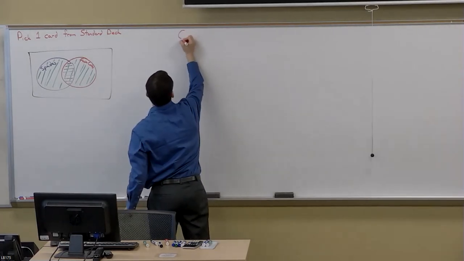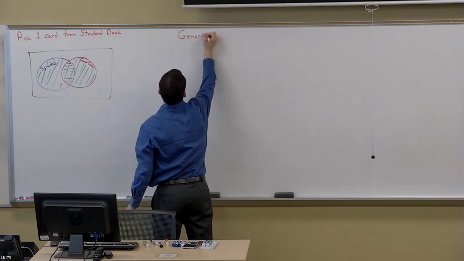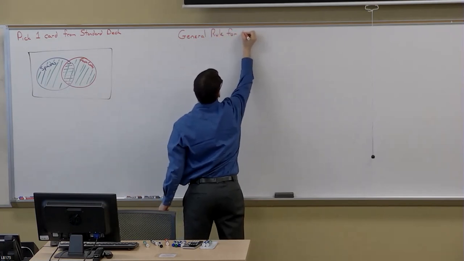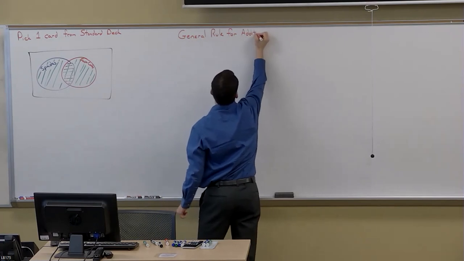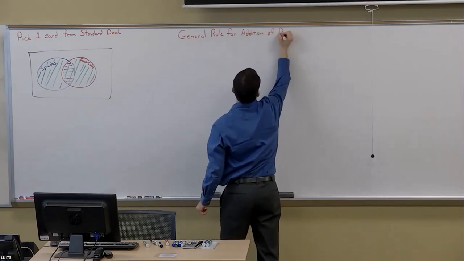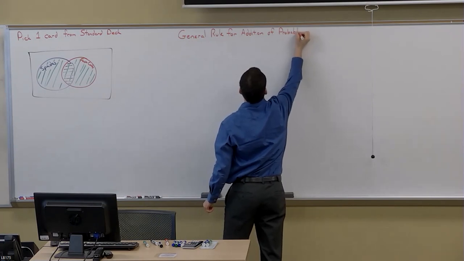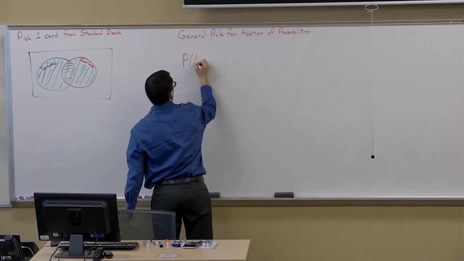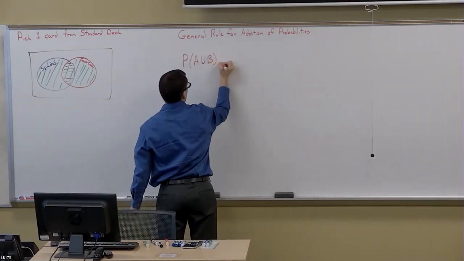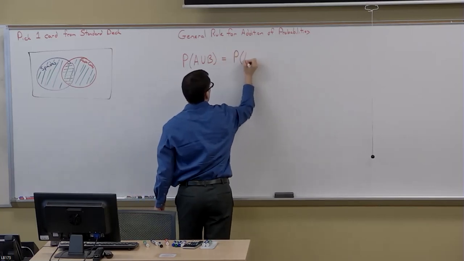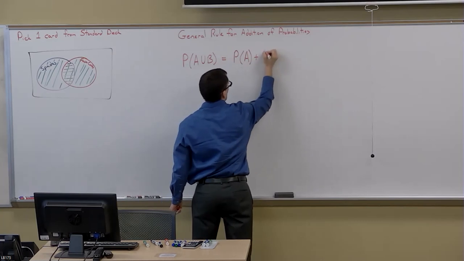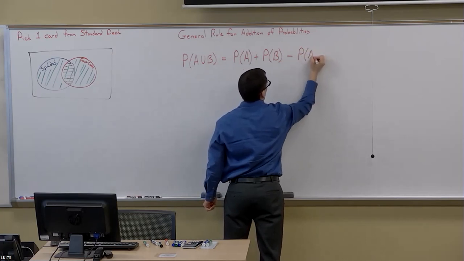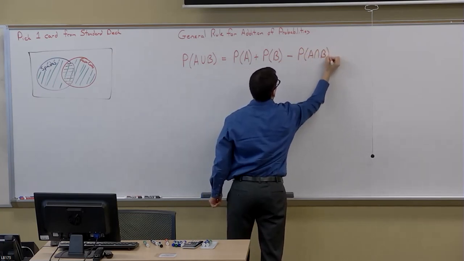So the general addition rule, the rule of addition of probabilities: if we're doing the probability of A union B, that's equal to the probability of A plus the probability of B minus the probability of the intersection of A and B.